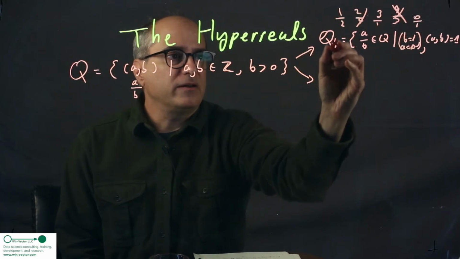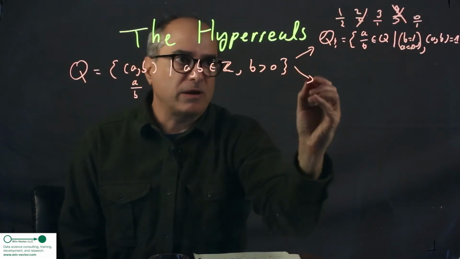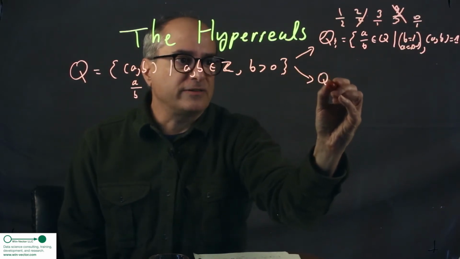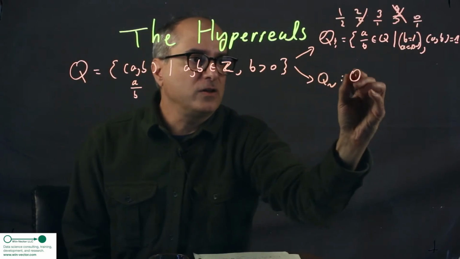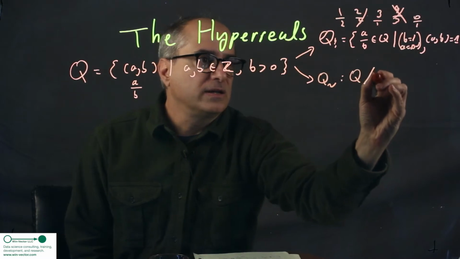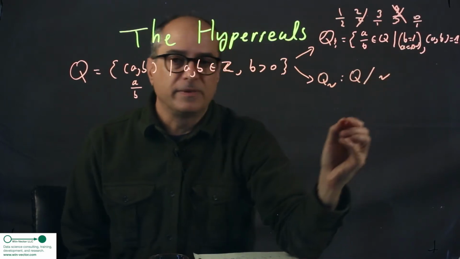The other way we can do this, instead of picking a unique representative, is to go to equivalence classes. So we'll call this Q equivalence, and it's defined as Q modulo the equivalence relation.